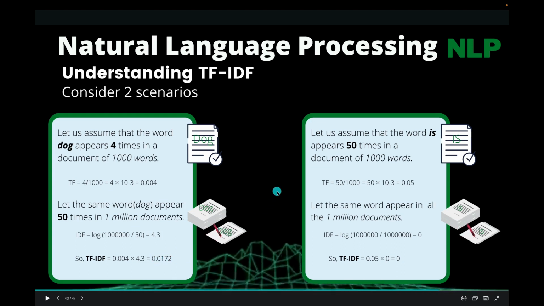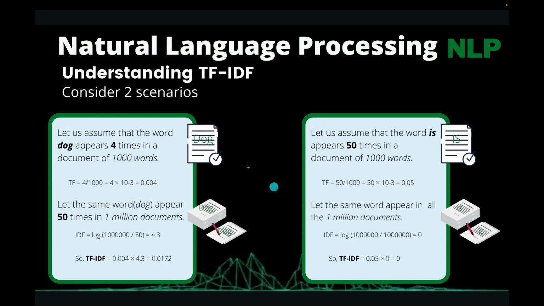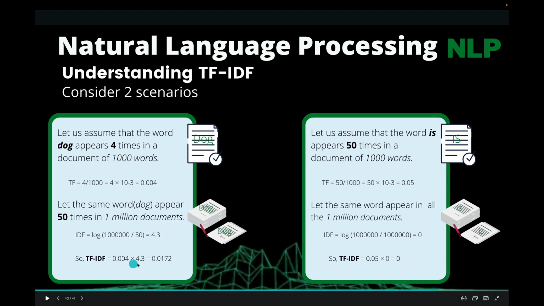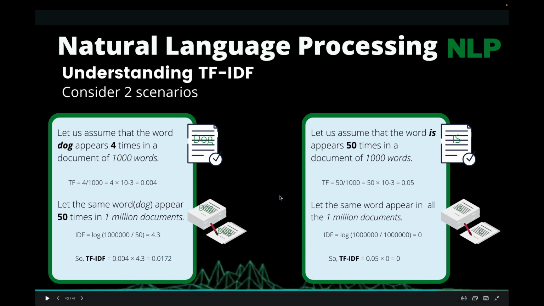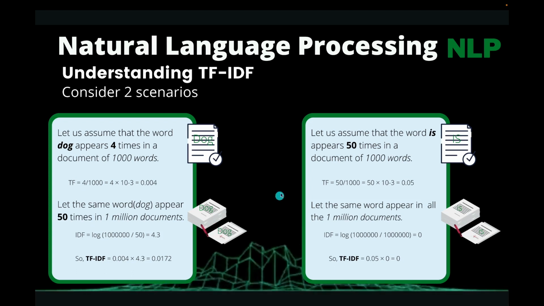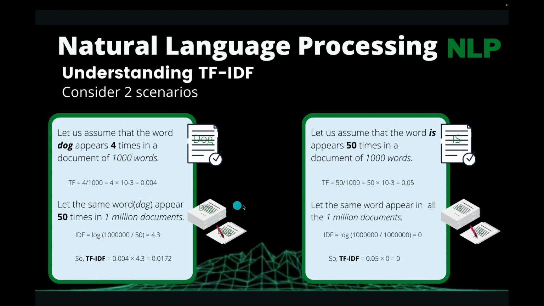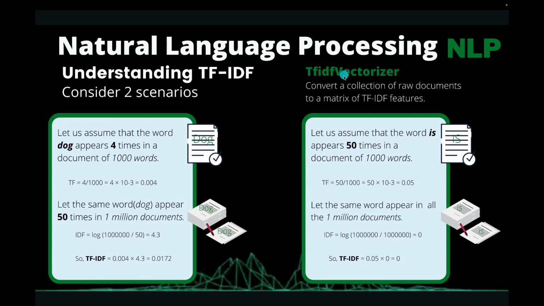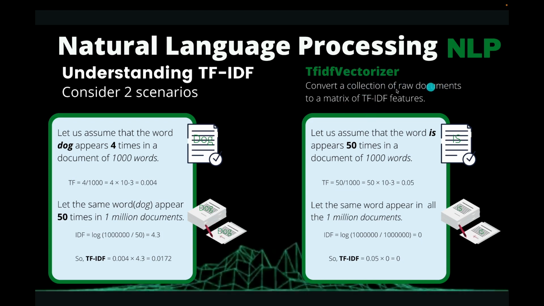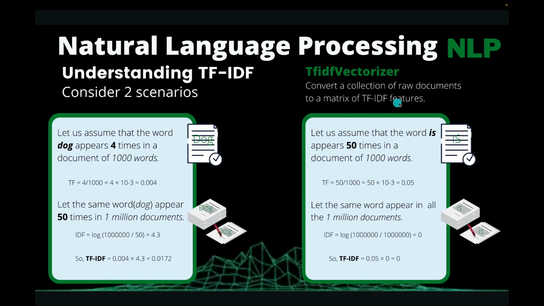So that's basically what we do in TF-IDF. All the words in the document are going to be calculated with their respective TF-IDF, and that's going to form the vector for us. When we go to the lab session and we are doing projects, we are not actually going to calculate it as we are doing here, because we have what is called the TF-IDF vectorizer, which we use in converting all the raw documents to a matrix of TF-IDF features.